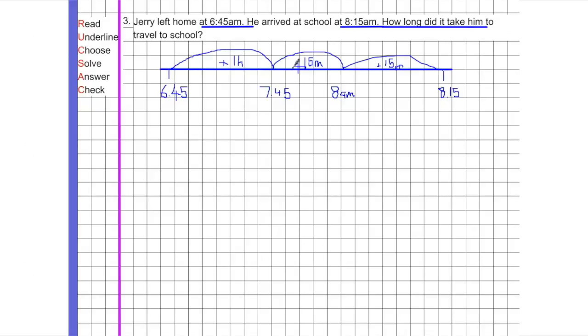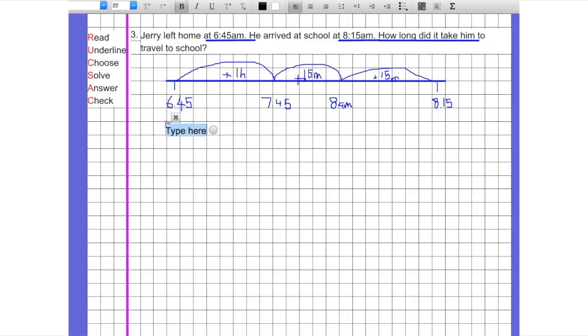So 1 hour, and what's 15 plus 15? It is 30. We've got 2 10s, which is 20, and a 5 and a 5, which is 10. So that's 30. So that's my answer. I'm going to write down, Jerry takes 1 hour and 30 minutes to travel to school.